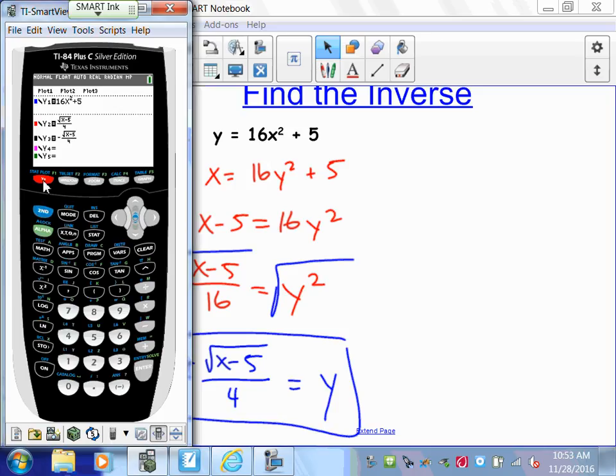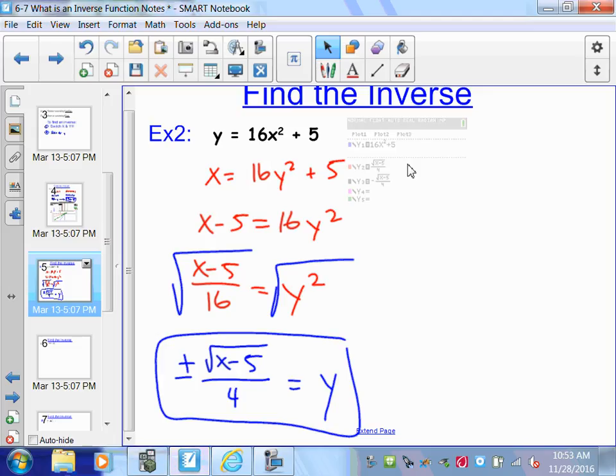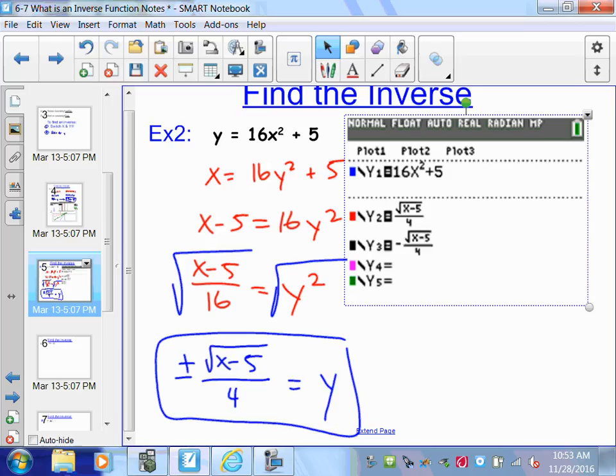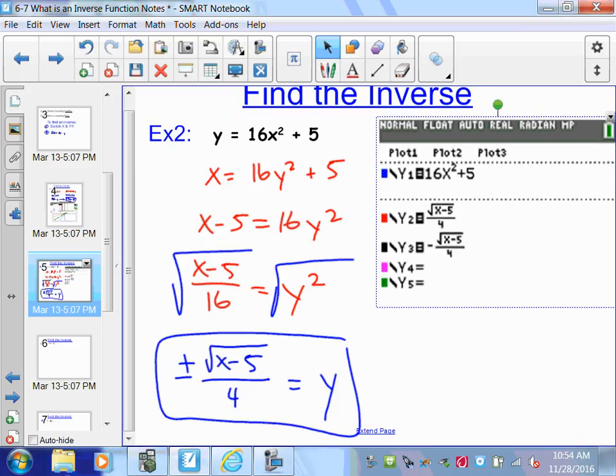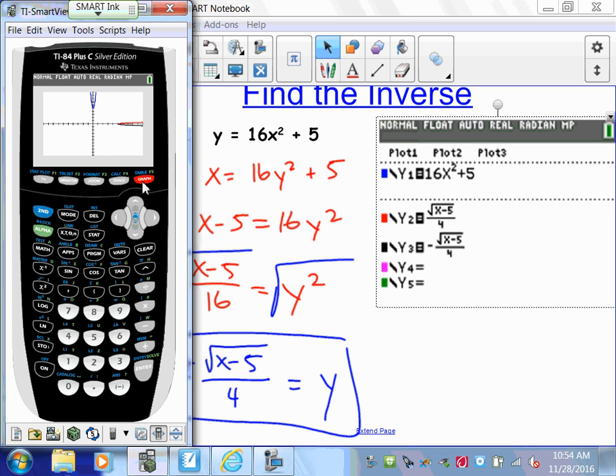Let me make it bigger. So to put both the positive and negative, you put the positive in y2, the negative in y3. So that way, when you hit graph, you'll get both arms of your parabola.